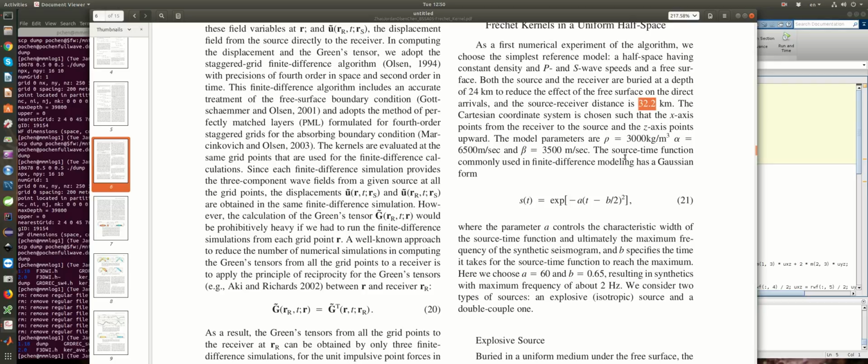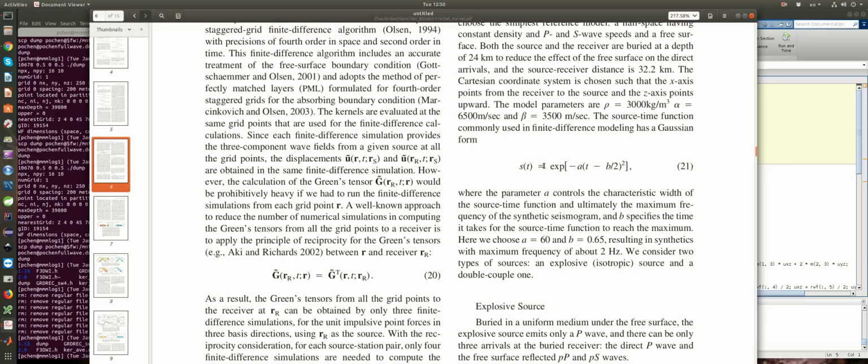Density is like this, P and S velocity is like this, right? That's the structure model and also the geometry. For the explosive point source, there's a time function which is a Gaussian, and this Gaussian has a maximum frequency of about 2 hertz.